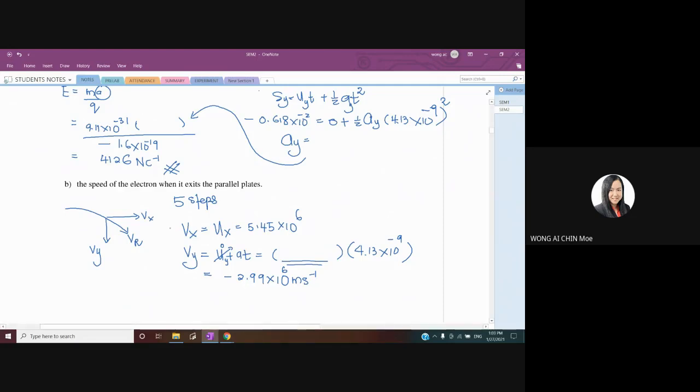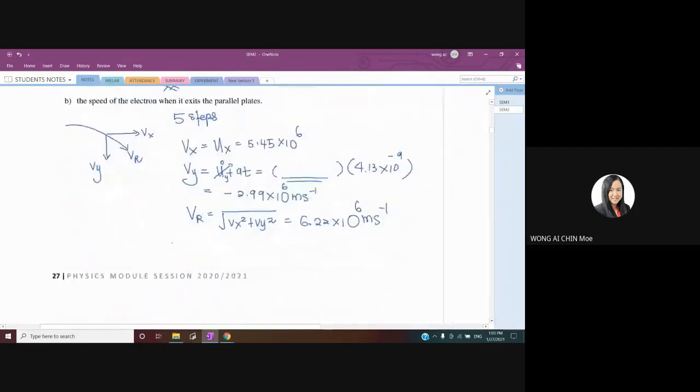Now step 1, find Vx. Step 2, you find Vy. Step 3, you must find the resultant, so you find the square root of Vx squared plus Vy squared. You will get the magnitude 6.22 times 10 to the power of 6 meter per second. So this is step 3. Step 4 is you need to find the direction.